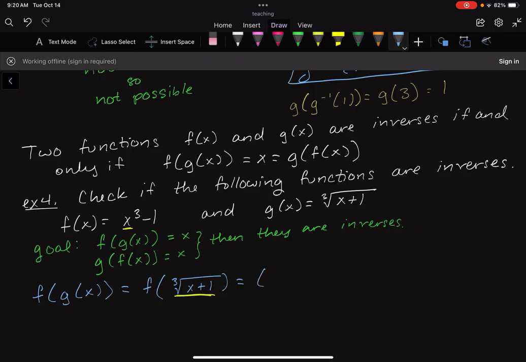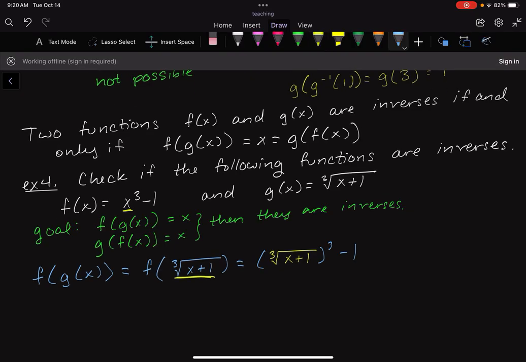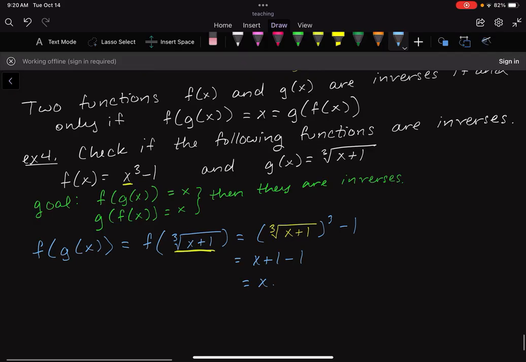So I get the cube root of x plus 1, cubed, minus 1. Then I keep simplifying. These cubes are going to cancel, so I get x plus 1 minus 1. And then the 1's cancel, so I get back x. So this is good.